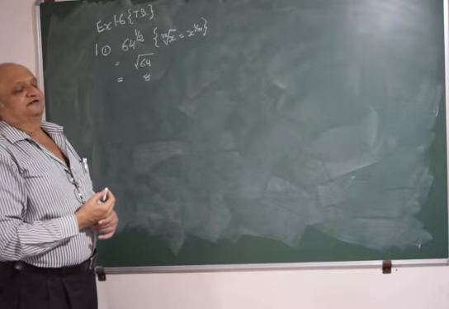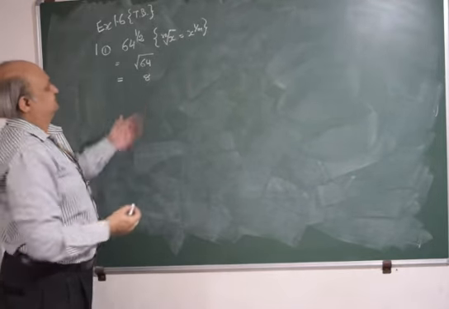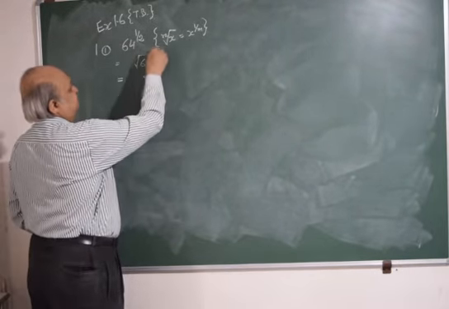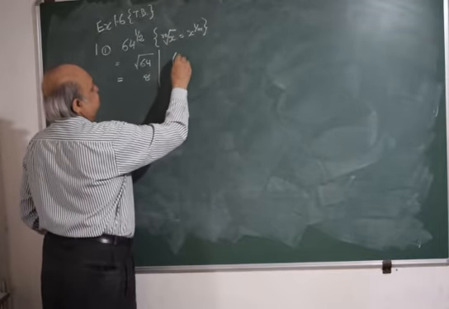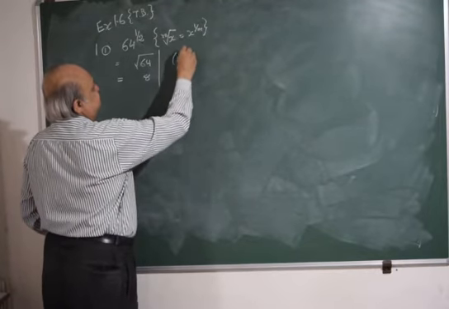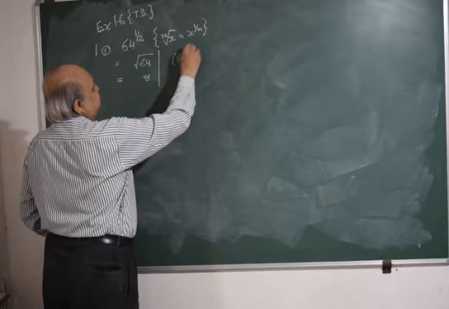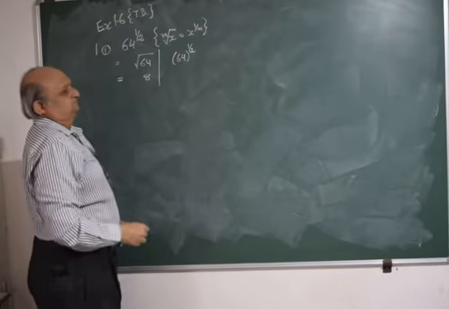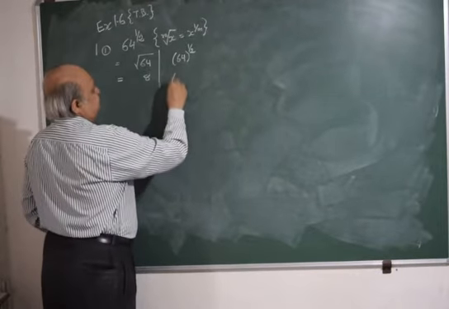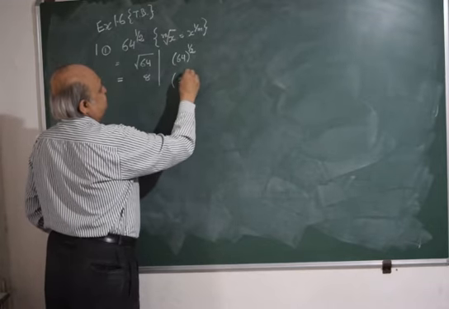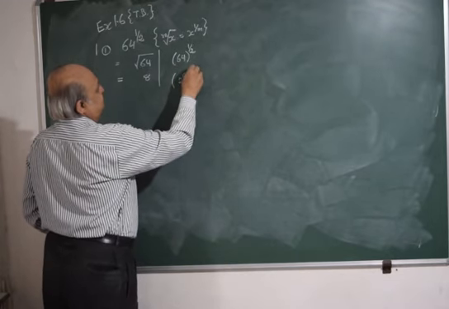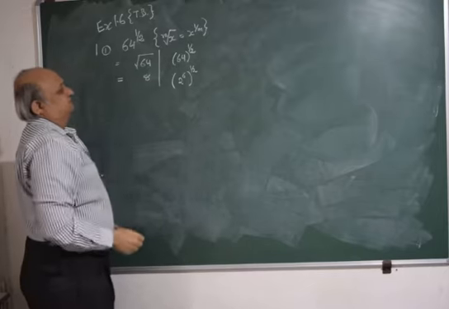Can there be a better way of solving it? If this method is not very easy for us, let's do it the other way around. We say it is 64 raised to 1 upon 2. 64 is 2 raised to 6, the whole raised to 1 upon 2.